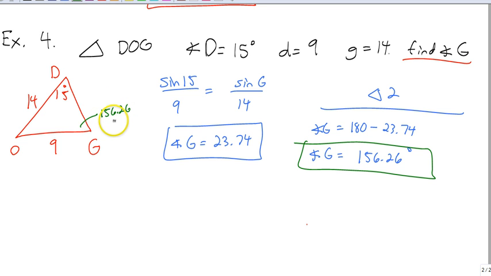Well, we have 156 and 15, which gets us up to about 171, which is less than 180, which means that this second triangle is also possible. So my two answers for angle G are 23.74 degrees, or it could be 156.26. Okay? And then if I wanted you to solve for both triangles, all the missing pieces, you would just go out from there. But you'd have to work both triangles. We'll probably do one of those together in class.